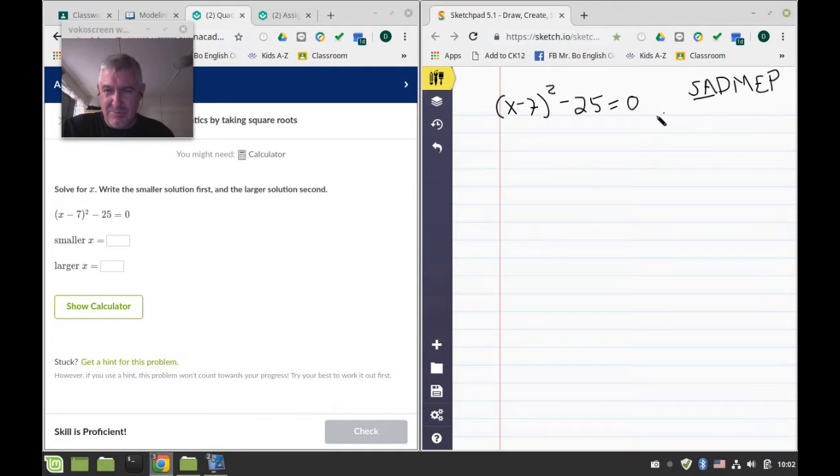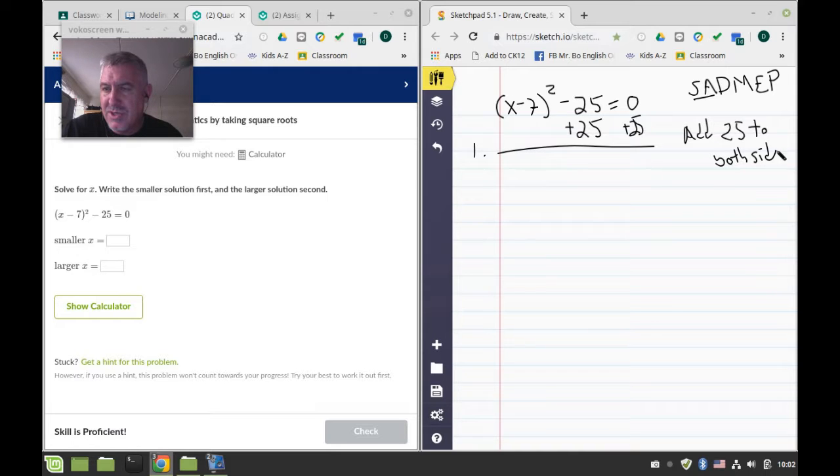So first thing we do is subtract or add. I'm going to add 25 to both sides. So that's step one. Add 25 to both sides. I'm going to start writing these because in later videos we'll really need this.